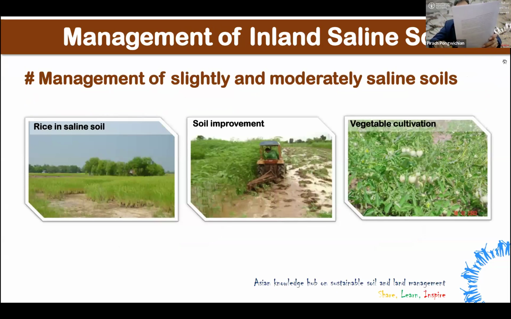Shall we move to soil salinity management? I will divide it into two parts. The first one I will talk about inland saline soil, and the second one I will talk about management of coastal saline soil.